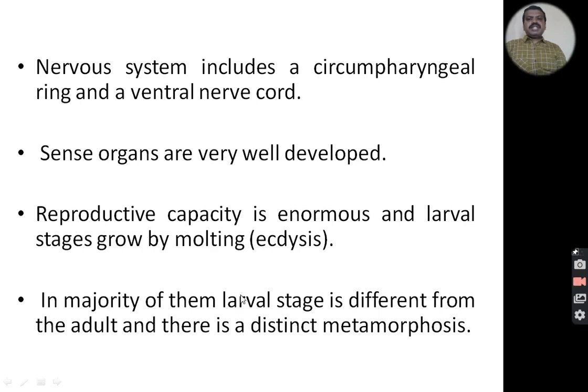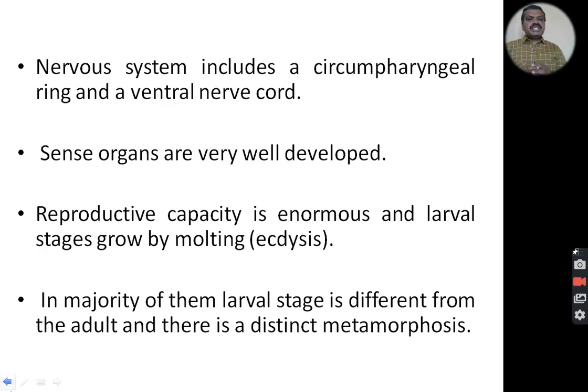As far as the nervous system is concerned, it includes a circumpharyngeal ring and a ventral nerve cord. A well developed nervous system is absent in lower animals, including insects, where only an assemblage of neurons can be seen, that is the grouping of neurons to form the ganglia.